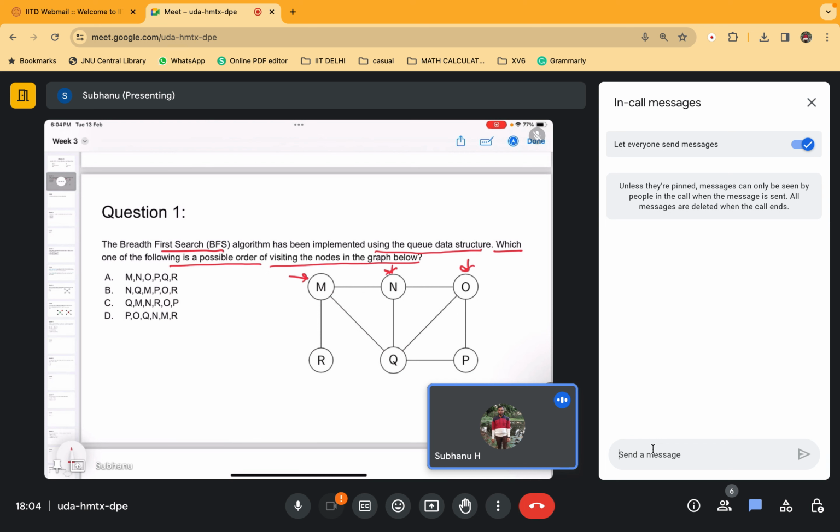You can substitute the options. First, please try to do it by yourself.